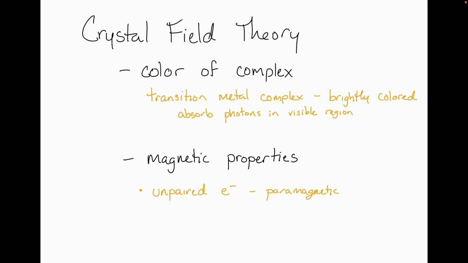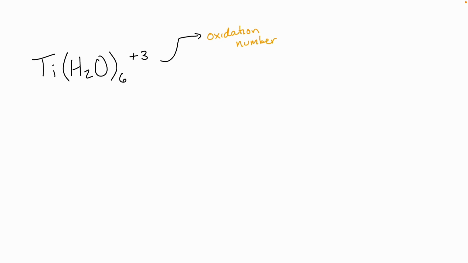We've got to go step by step here. So first of all, given a complex, we said that there are two things that you should be able to tell me from this formula. One is the oxidation number, and the other was called the coordination number.